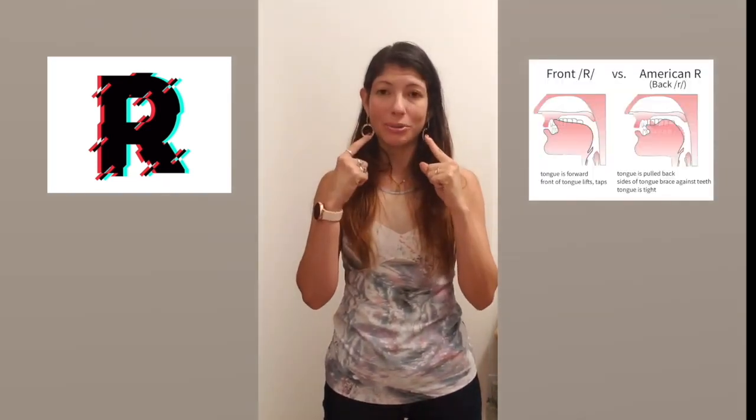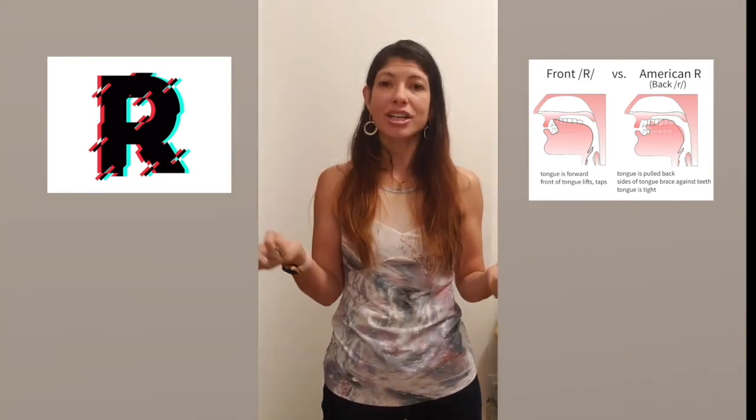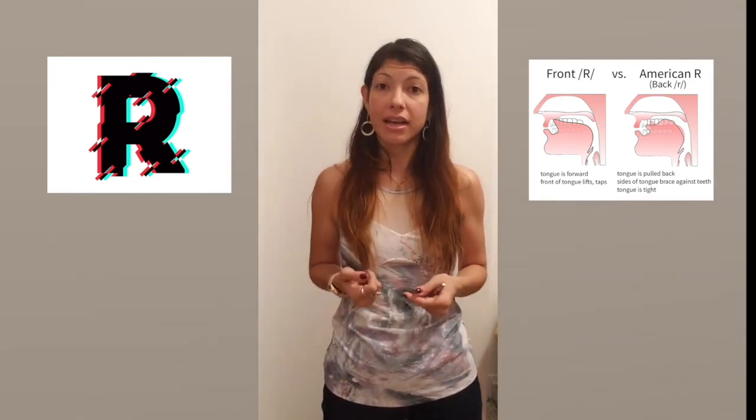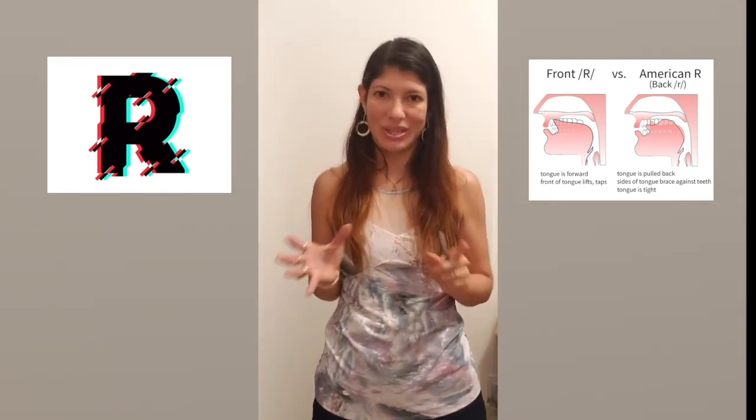When you pronounce the R in Spanish, your tongue is touching your upper palate. When you pronounce the R in English, you're not touching the upper palate. You're just bending the back of your tongue to pronounce that R. R. No, R, right? Or R. That's not how it sounds in English.